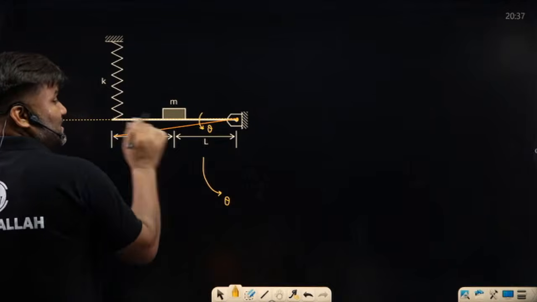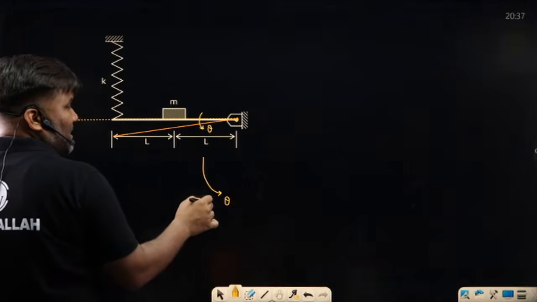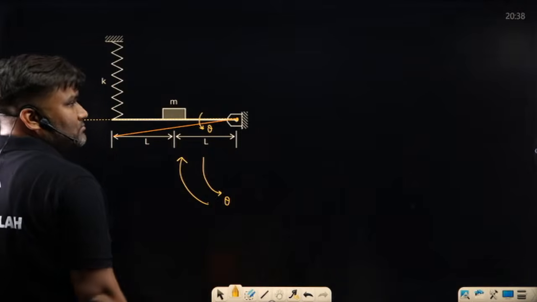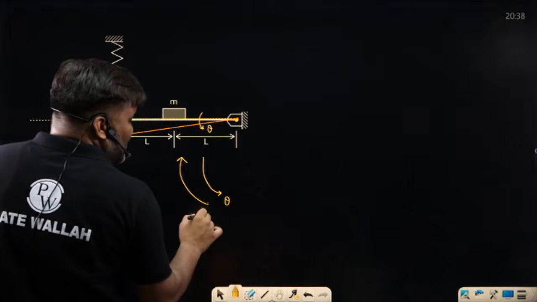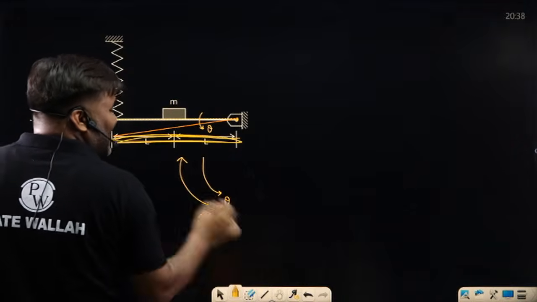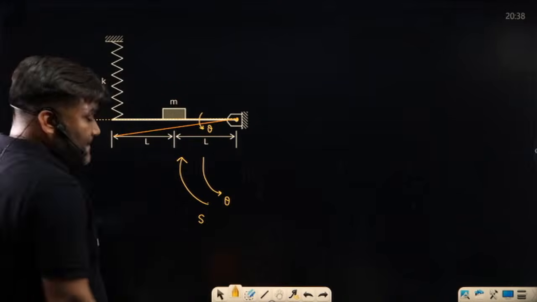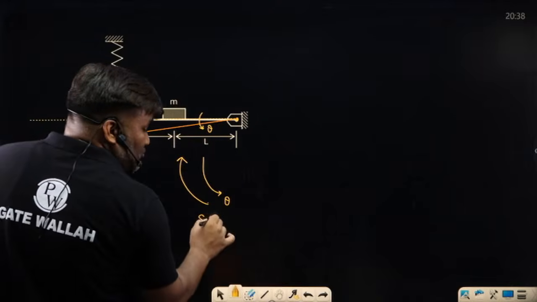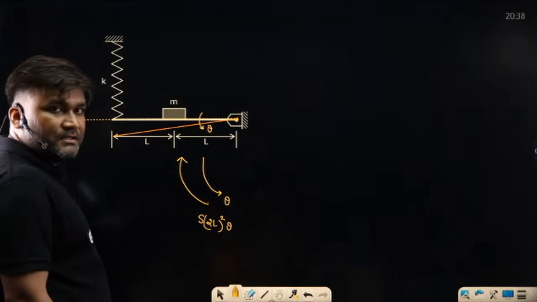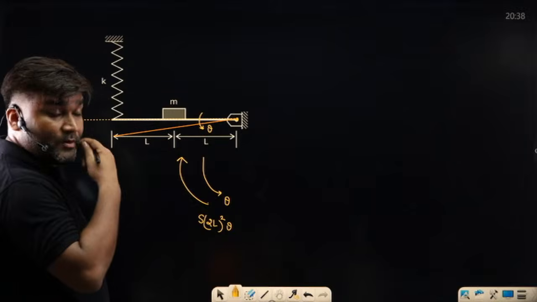Sir, spring is there at 2L distance, so spring's force will be in upward direction and its torque will be in clockwise direction. Spring stiffness is S into this, we used to call it as A. So S A square theta. What is the value of A? 2L. So S 2L square times theta. Any other things? Sir, weight's torque I am not writing here because it is not vertical.